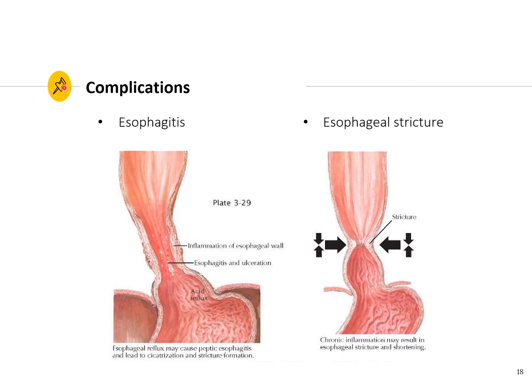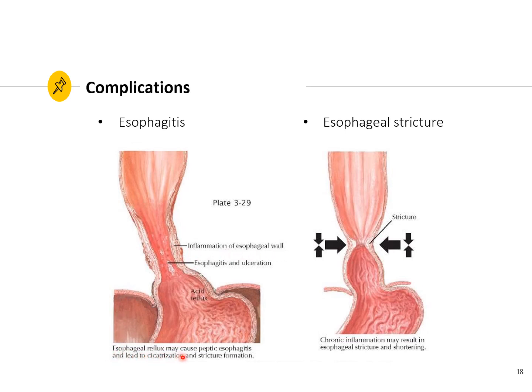Now we are moving on to potential complications. In most people, GERD doesn't cause serious complications, but in rare cases it can lead to serious or even life-threatening health problems. Potential complications of GERD include esophagitis, which means the inflammation of the esophageal wall.